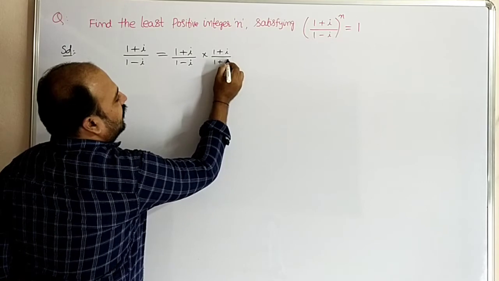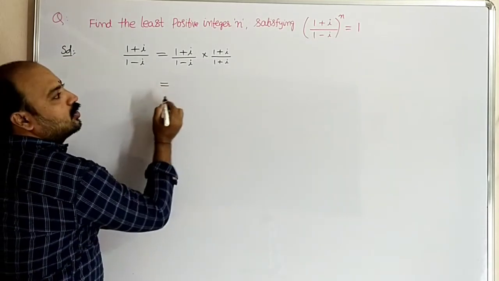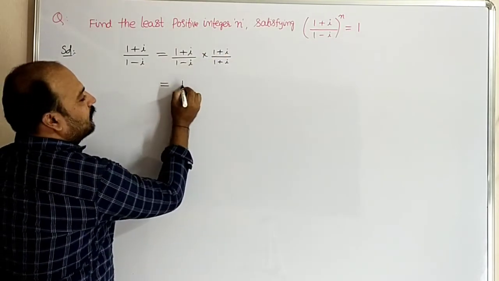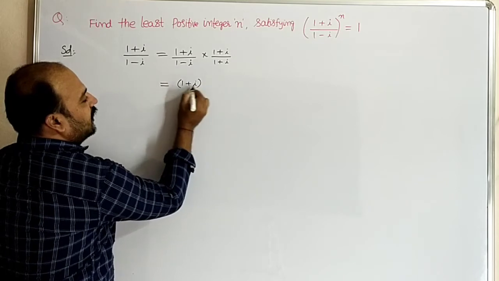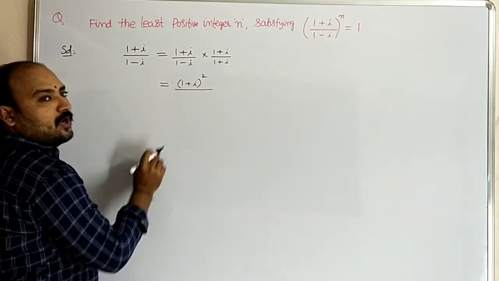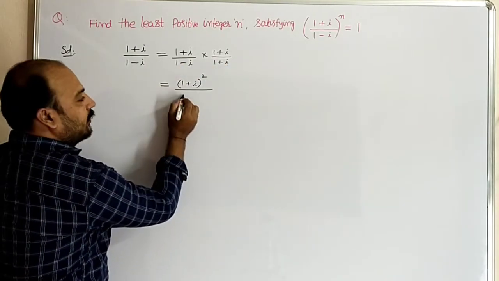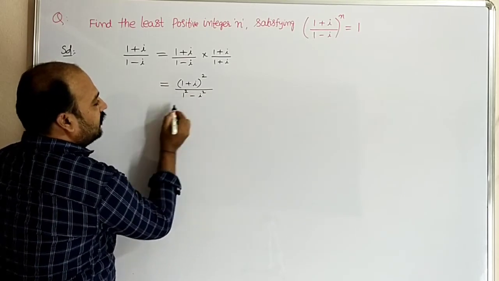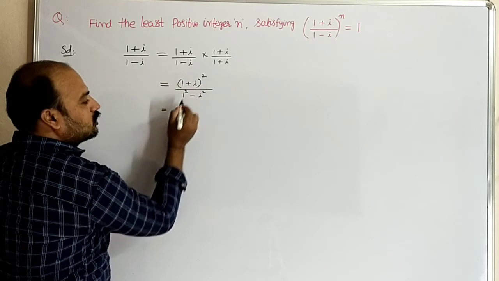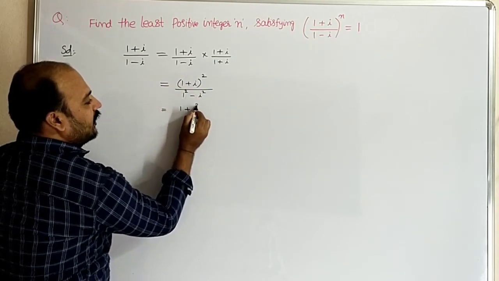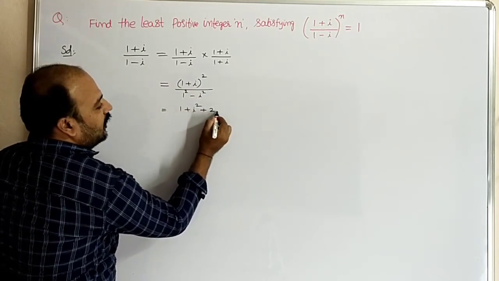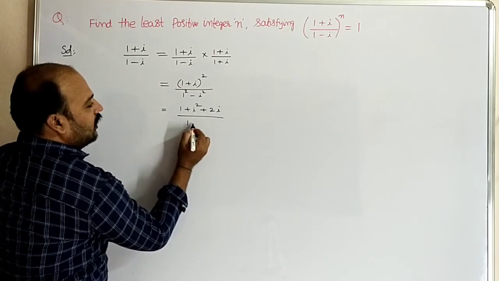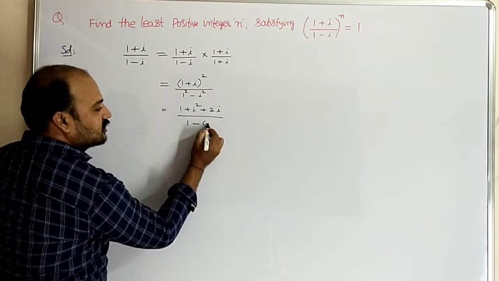which is equal to (a + b)(a + b), like (a + b) whole square. That means (1 + i) whole square divided by (a + b)(a - b), a square minus b square. 1 square minus i square, with the numerator being the (a + b) whole square expansion: 1 + i square + 2i, divided by 1 minus i square, where the value of i square is minus 1.